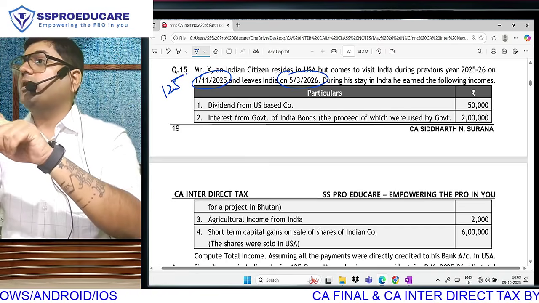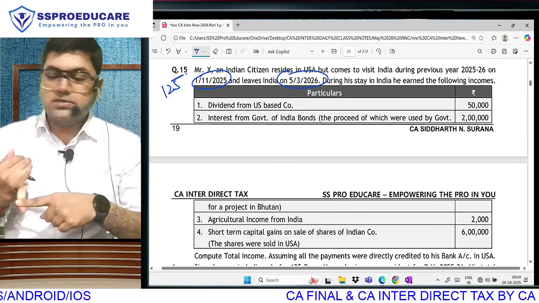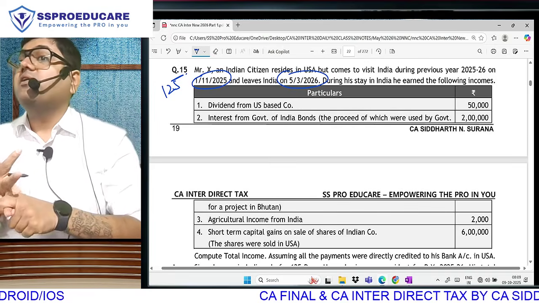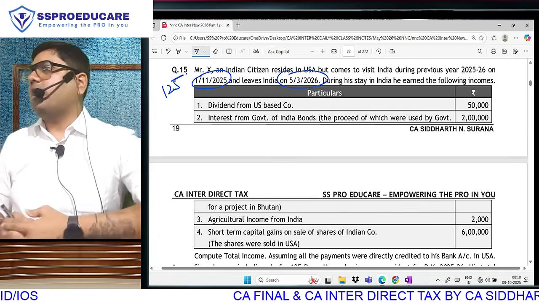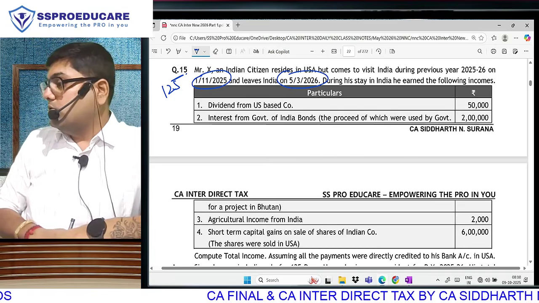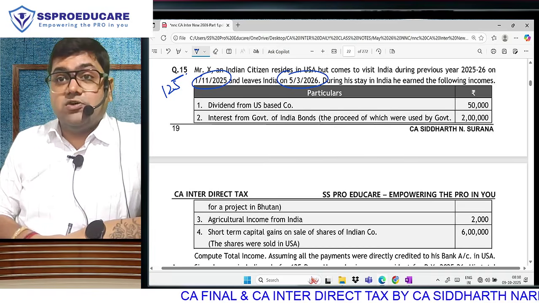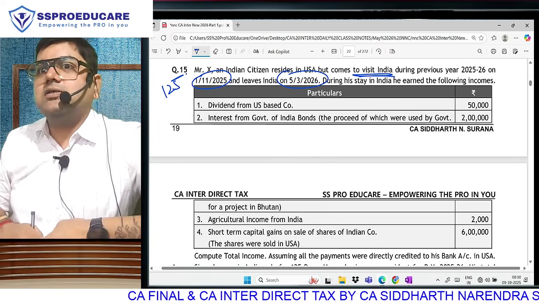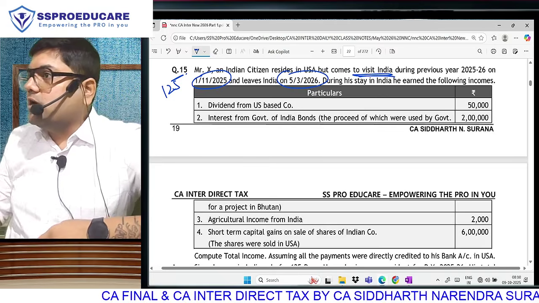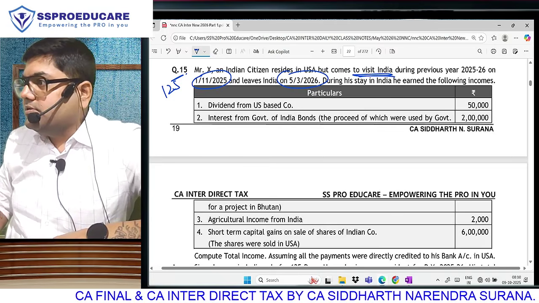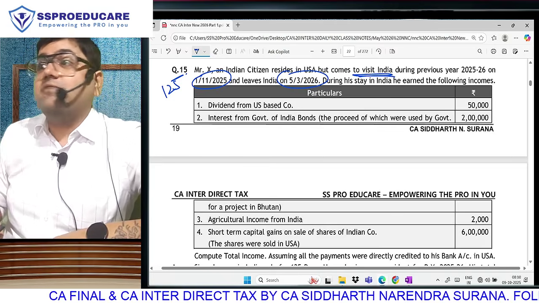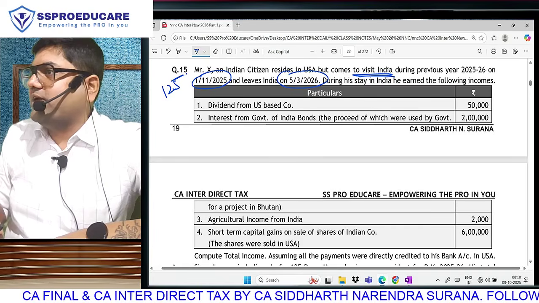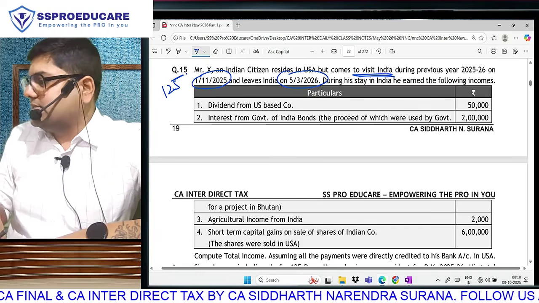He is not fulfilling the 182 days condition. Correct? Second, is 60/365 applicable? No. Why? Citizen of India who has come to India for a visit. Wait, you can't stop there. Those who come for a visit will still be covered in 120/365 days if their income exceeds 15 lakh.